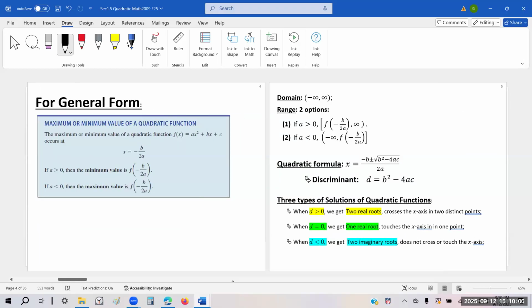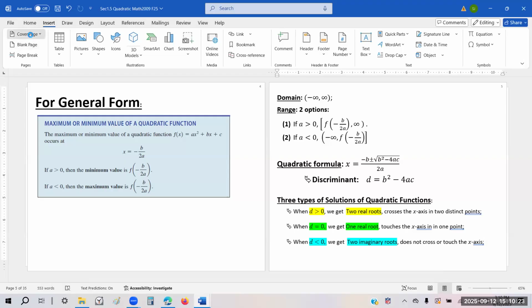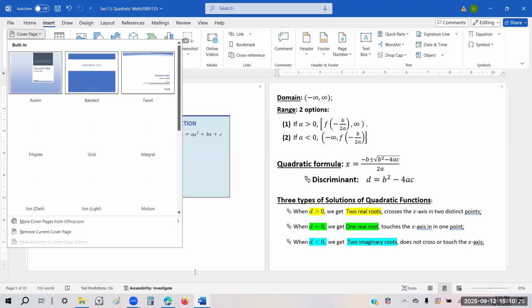Now this is too small. Let me make it bigger so that you can see. No, color page color.